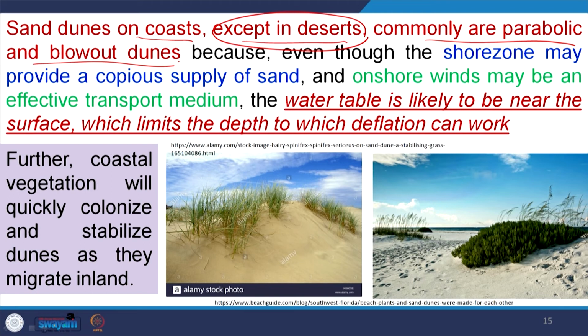That is why the water table is likely to be near the surface, which limits the depth to which deflation can work. The second thing is that once the water table is near the surface, it will promote vegetation growth. So that is why there will be blowouts, and that is why these sand dunes on the coast are commonly parabolic and blowout dunes.